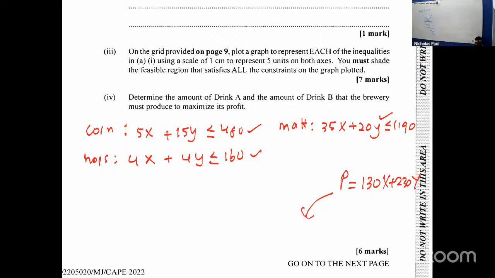Draw the inequality and send a picture to me on WhatsApp, please. Pick up as soon as they finish, right? Send them on WhatsApp.